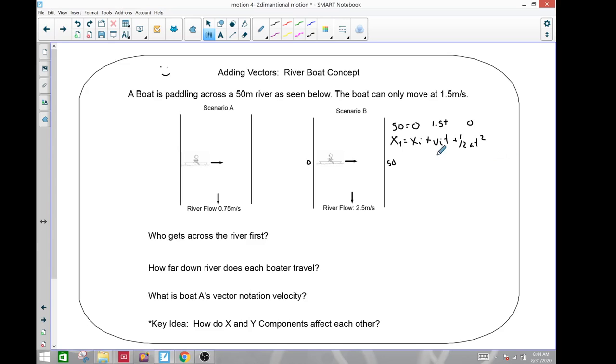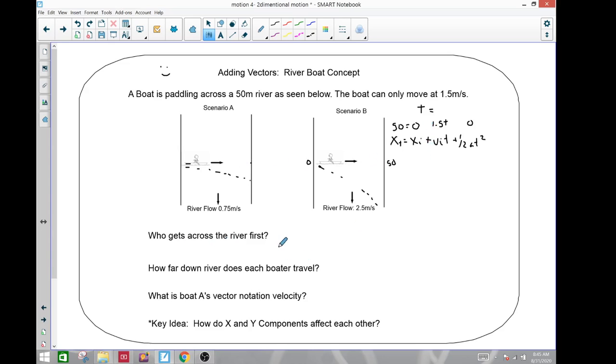Now you notice here, both boaters have the same distance to travel, and they have the same velocity across that distance. This one is going to take a steeper route, and this one a shallower route, but it's the same distance traveled, so the time is the same.